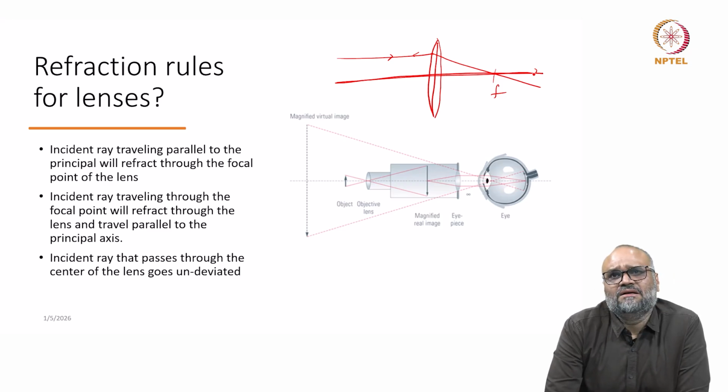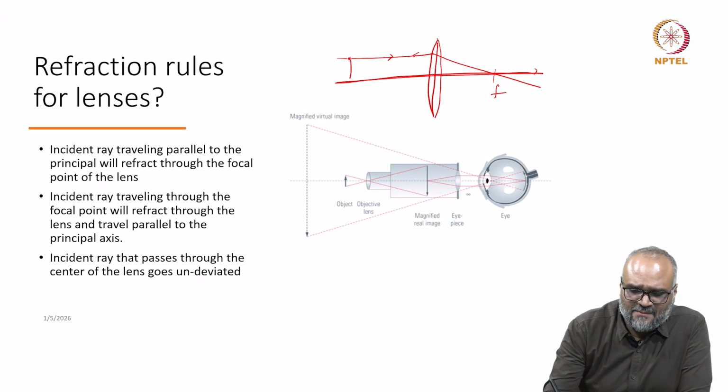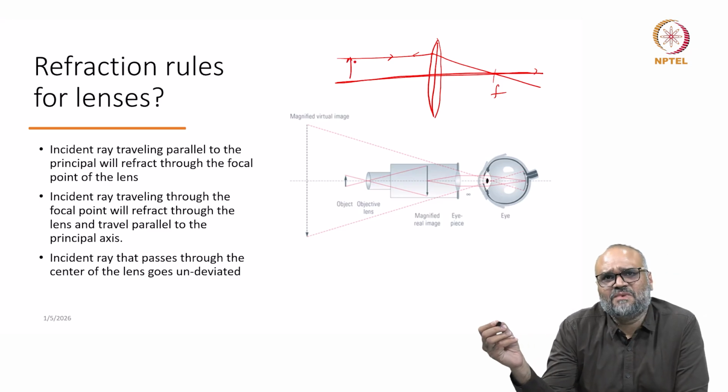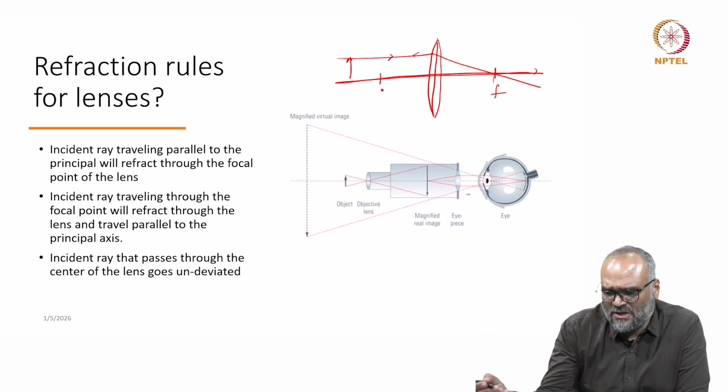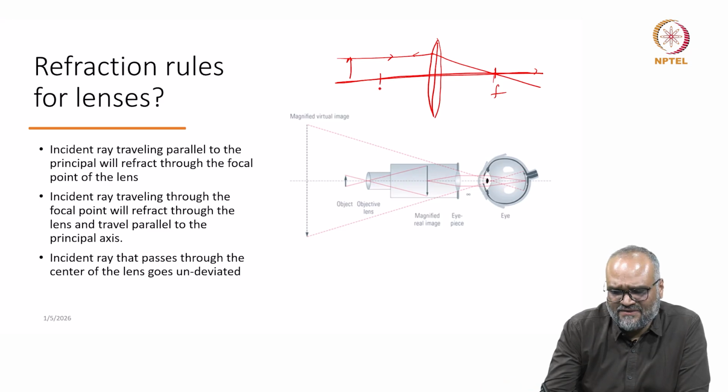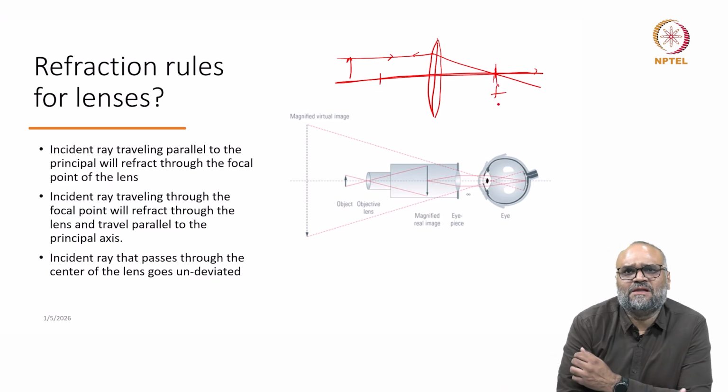Now, what you can see is the position where I place my object is called the object plane. The position of the focal points is called the focal plane, and for any lens you have two focal planes. Typically we call this the back focal plane.